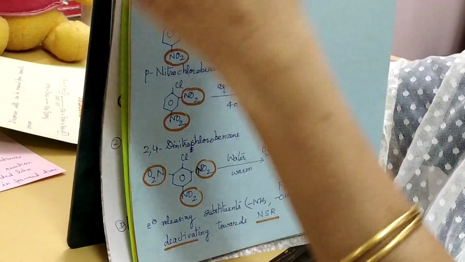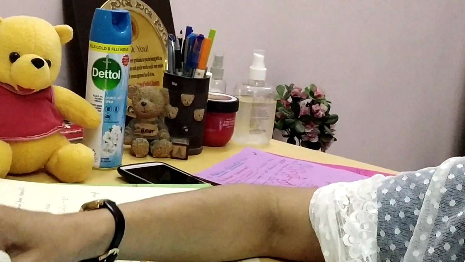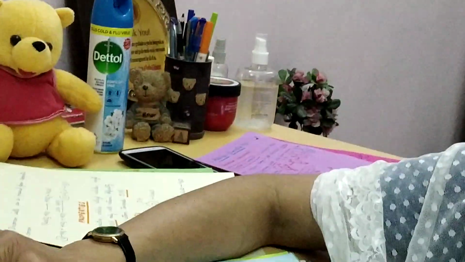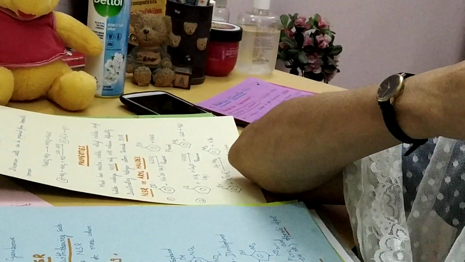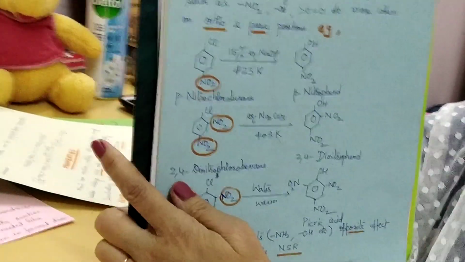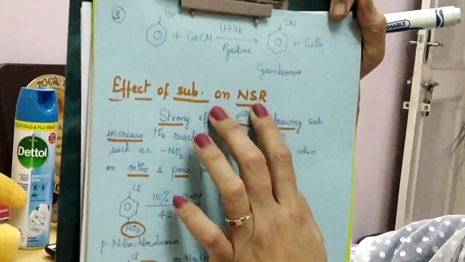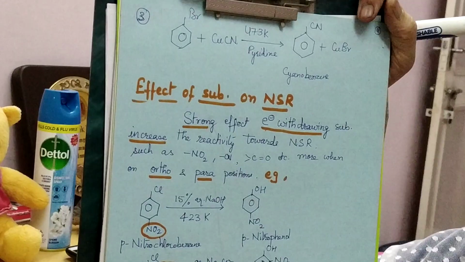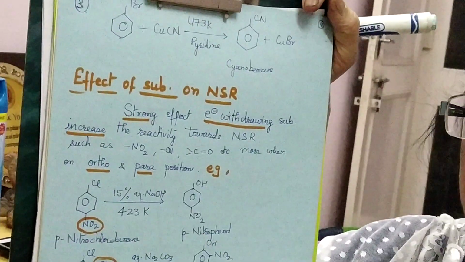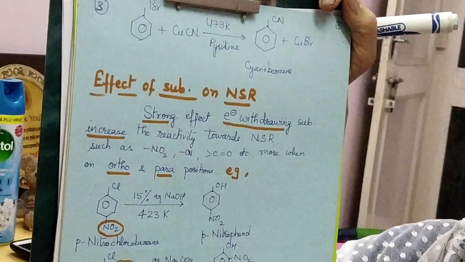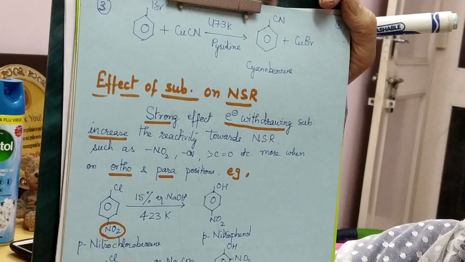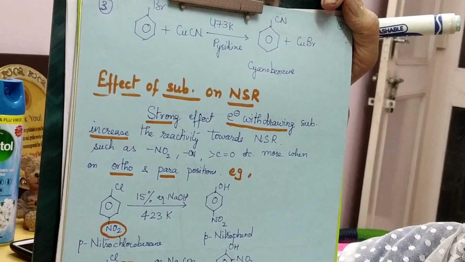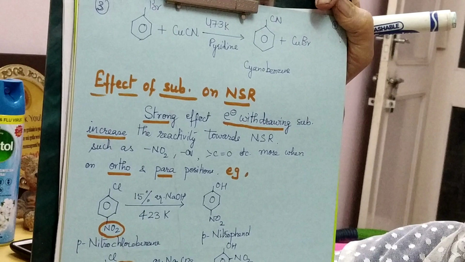What I mean to convey by these reactions is that nucleophilic substitution reactions, if you compare them with alkyl halides, take place with rather difficulty in the case of aryl halides, and only a few reactions are possible with aryl halides.